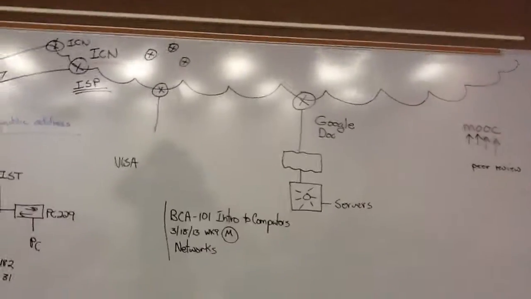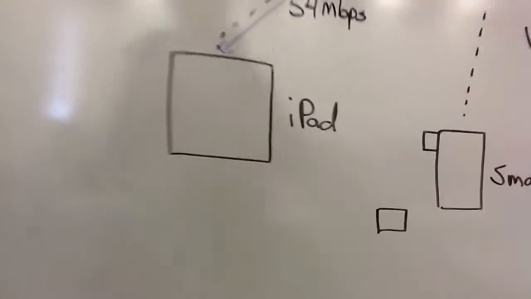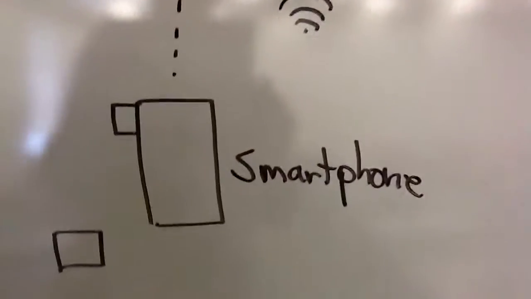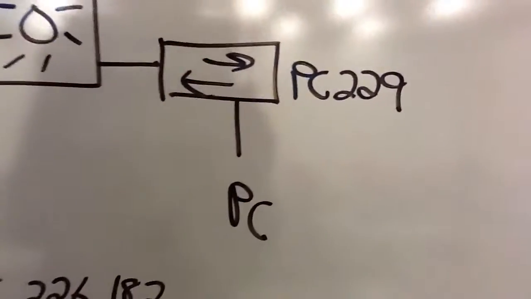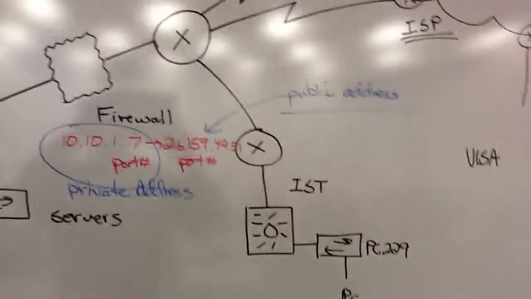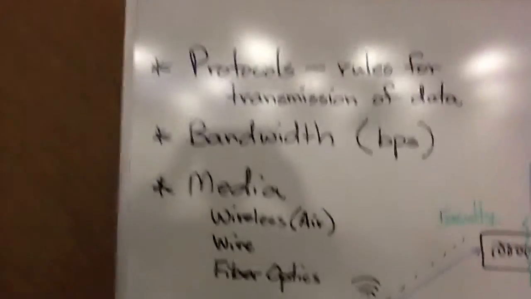So we have this massive internet, and we talked about how some information from maybe, in our case here, my iPad, or somebody in the class, their smartphone, or even a PC in 229 connects to the network. We'll meet in 229 on Wednesday and Friday of this week.